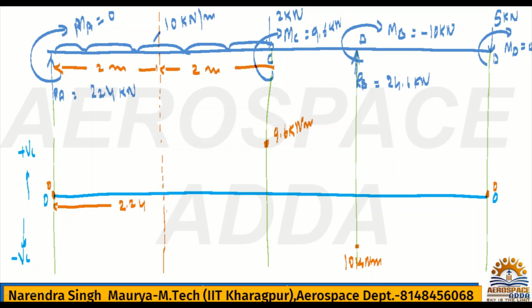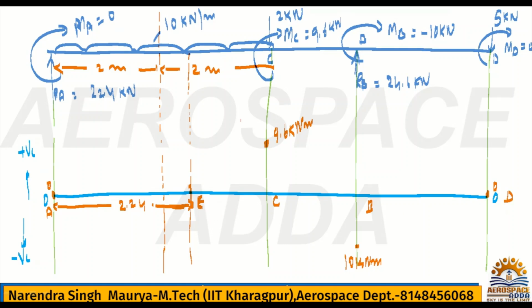So 2.24 will exist somewhere here, just past the mid section. At this point your shear force is going to be 0. This point is E. This is A, this is B, this is C, this is D, and this point E is where shear force is 0.